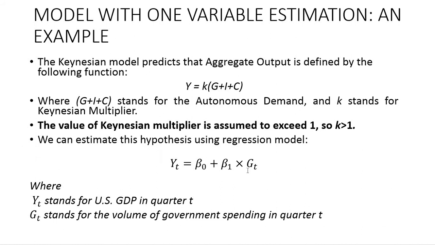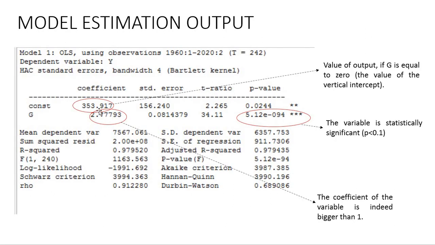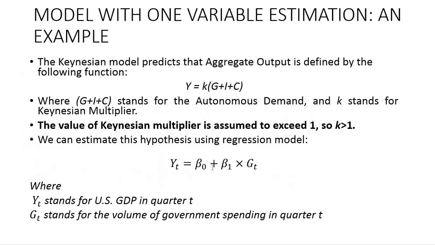This is the value of the intercept or constant term in this equation. And this is the coefficient of variable G, which stands for government spending. So basically, you can put those values instead of the values of beta 0 and beta 1 in this equation. And you will basically obtain a very simple linear function.